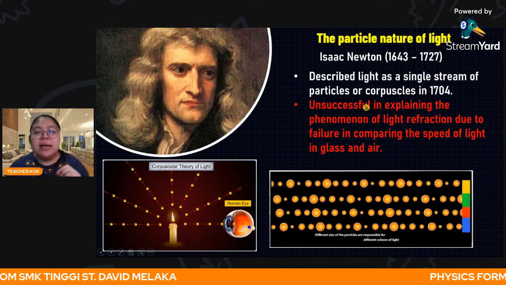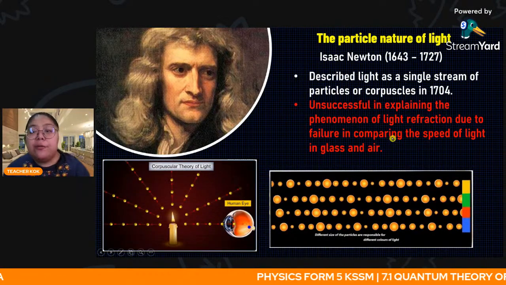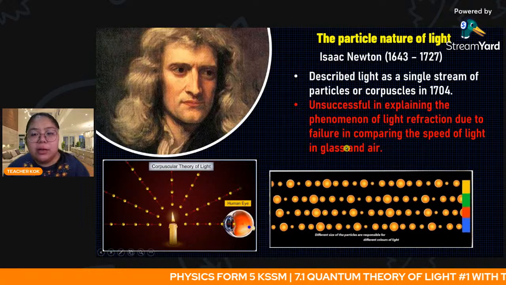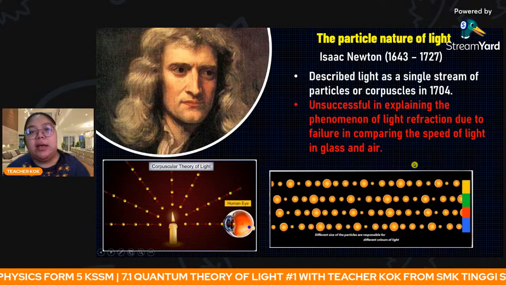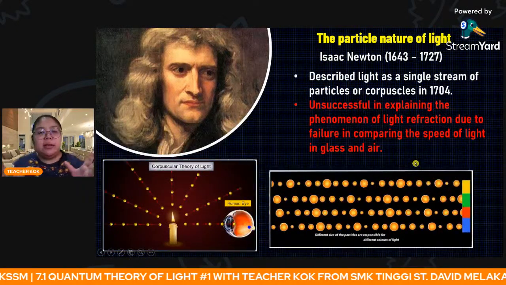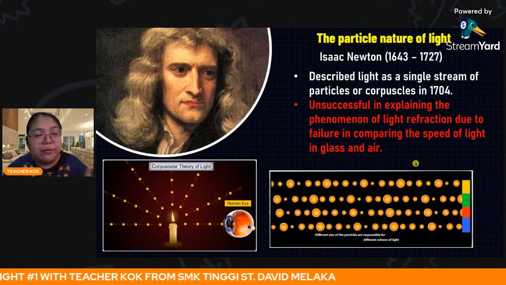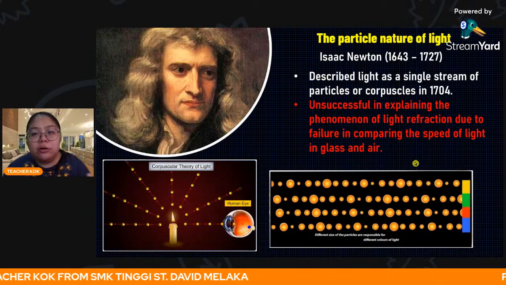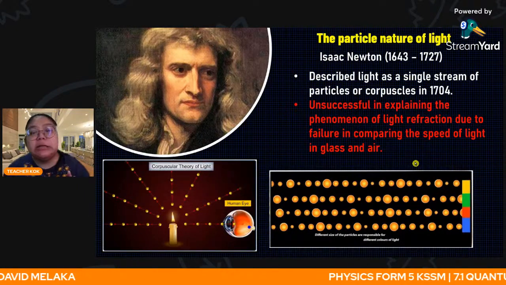But he was unsuccessful in explaining the phenomenon of light refraction due to the failure in comparing the speed of light in glass and in air. So they could not prove how light travels in different media. They had not yet found the result. Following Isaac Newton, they only say light is a particle.